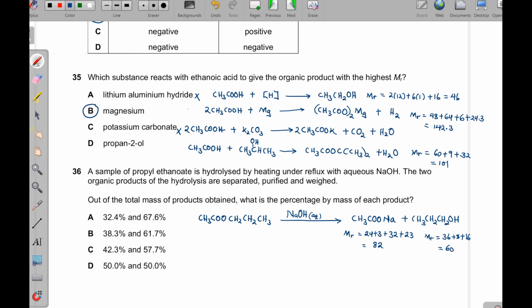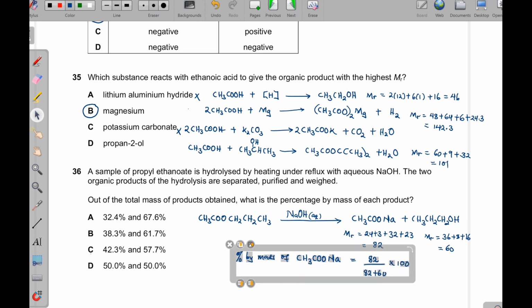So meaning the percentage by mass of this one here, sodium acetate or ethanoate, will be equal to, get its molecular mass here, divide by the total, which is 82 plus 60, then times 100.